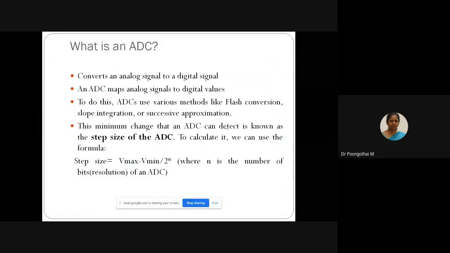There are different conversion techniques for converting analog signal to digital signal, like flash converter, successive approximation, and dual slope integration technique. These are the most popular techniques used in integrated ADC chips.